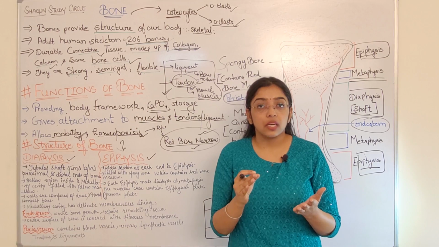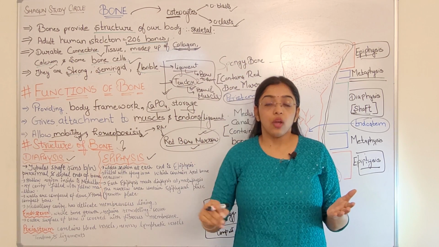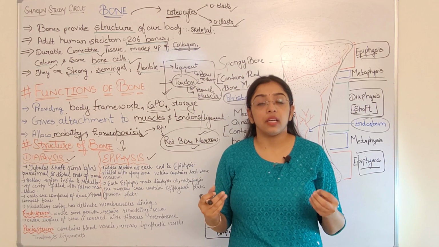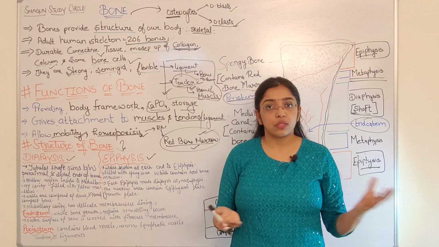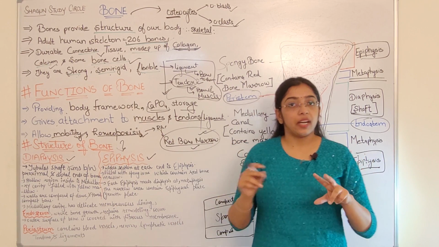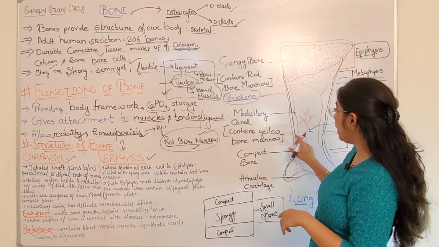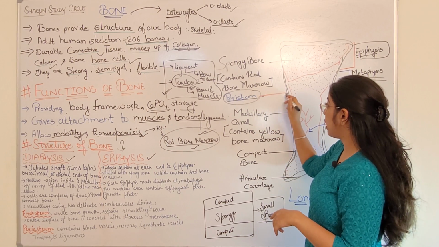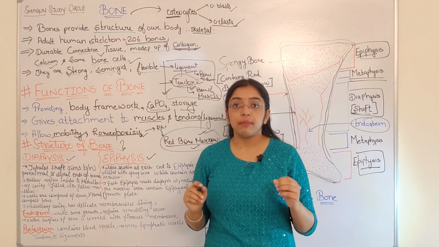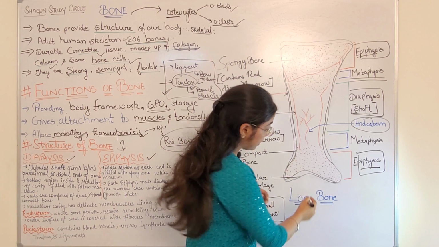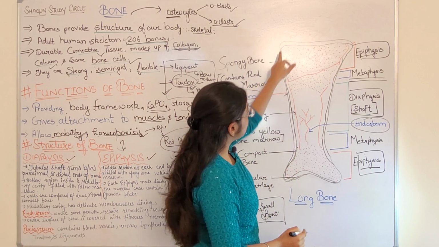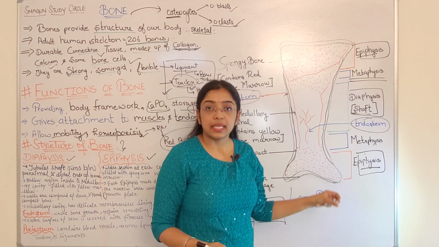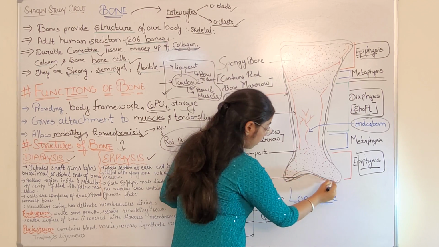So endosteum marks a layer inside the bone, whereas periosteum marks a layer outside the bone. That's very clear. What we have to remember is periosteum is absent at the ends. It is present around the whole bone except for the ends.